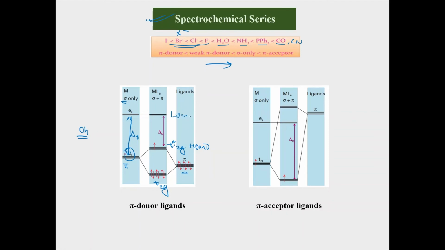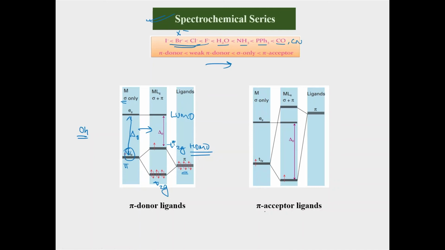This is the LUMO. Since this T2g* is closer to the metal T2g orbitals, it will be highly metal based, and this will be the new HOMO. As a result of this, delta O will decrease when we have halides as the ligands.